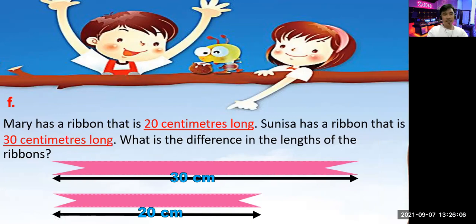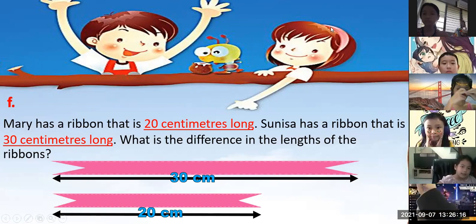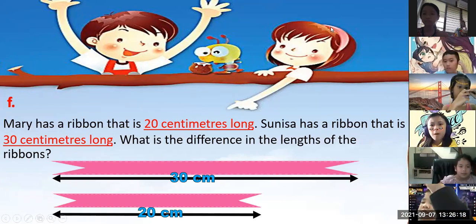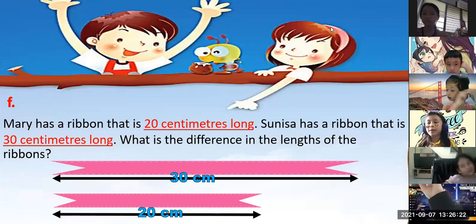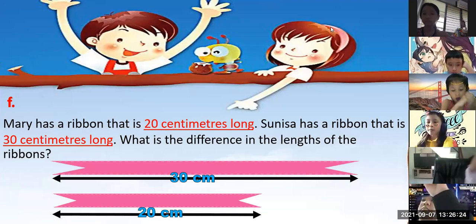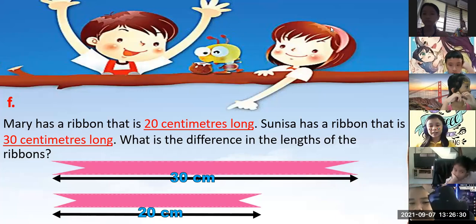Now letter F. Who will read letter F? Win, can you read for us? About Mary, who has a ribbon. Louder, please.